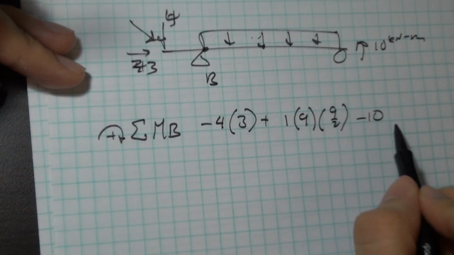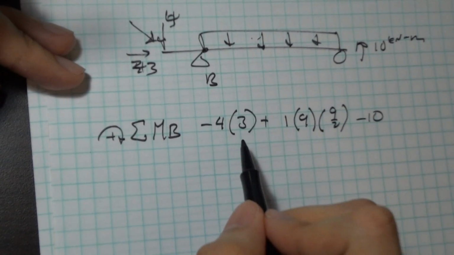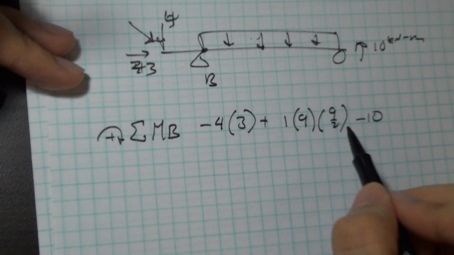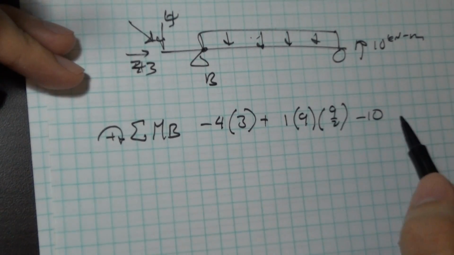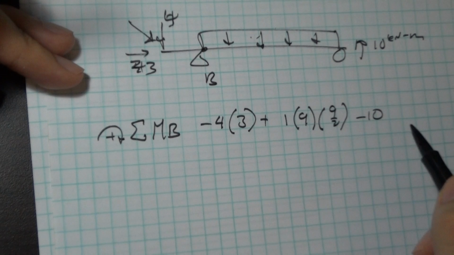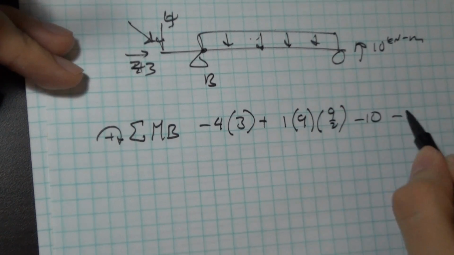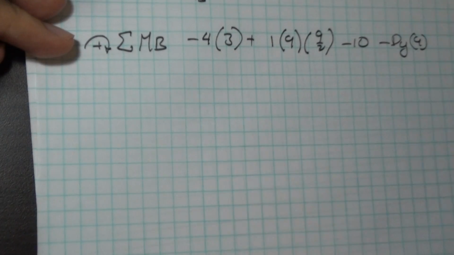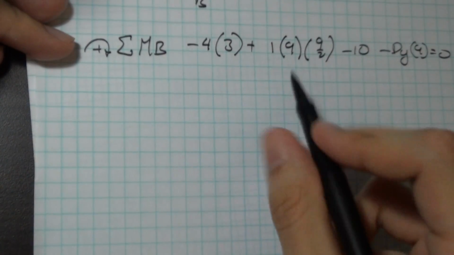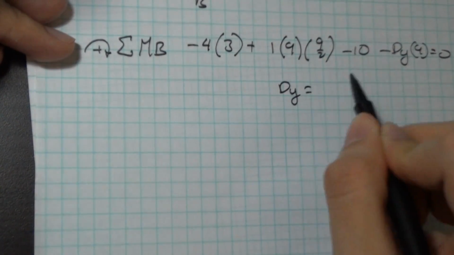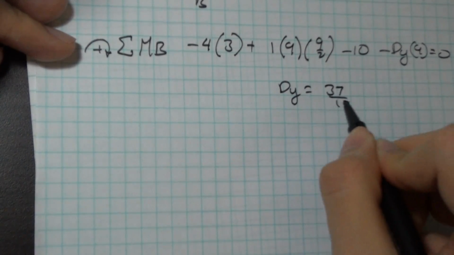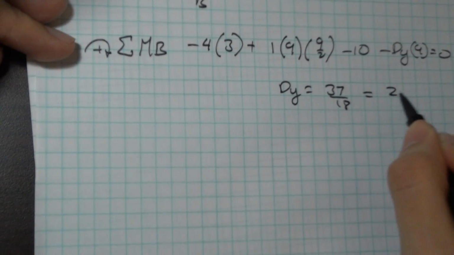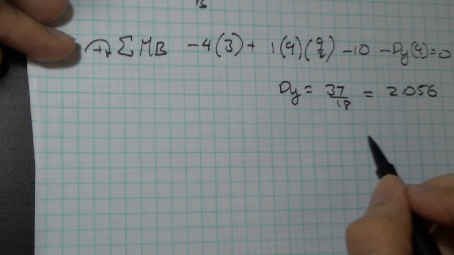Note that I'm not modifying this by anything. Over here, I had a force times a distance. This is a moment, so I don't need to multiply by a distance. Then I have my Dy, so minus Dy times 9 equals 0. If I solve for all that, I should get that Dy is equal to 37 on 18, or about 0.056.